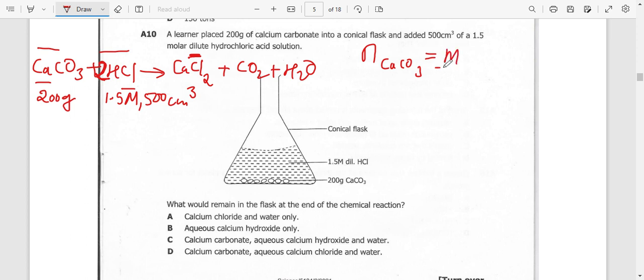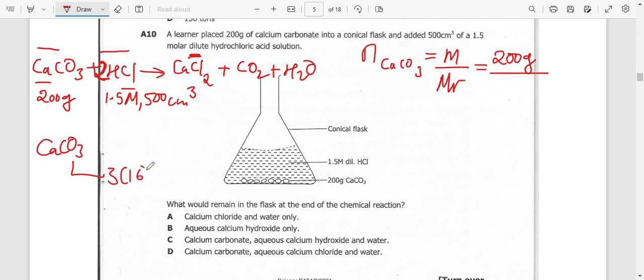So mass over molar mass. The mass of calcium carbonate is already given, that is 200. Just use the value given. It should always be in grams. Molar mass: to find the molar mass, you use the periodic table. You have 3 oxygens, the mass of oxygen is 16. And then you have carbon, it's only 1, the mass on the periodic table for carbon is 12.